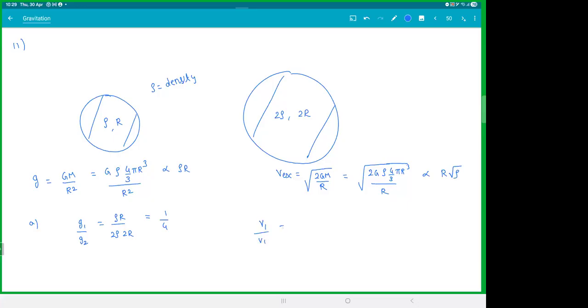So v1 by v2 will be R into root rho by 2R into root 2 rho. Just a formula substitution, nothing much to think. Check it out. All clear with this? Any doubts on this?